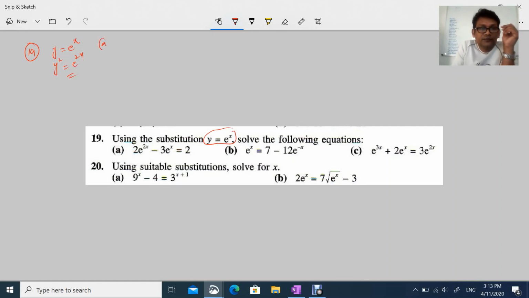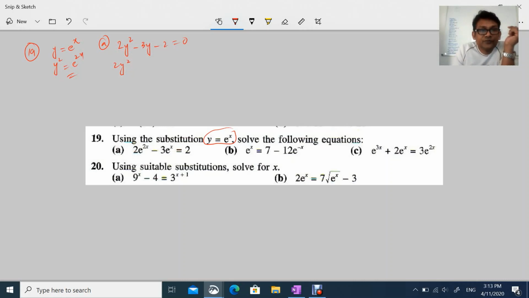So in the a part, 2y squared minus 3y minus 2 equal to 0 is a quadratic equation, making factors. 2 multiplied by 2 is 4. Multiply to get 4 and add to get minus 3. If you want help with how to make the factors, you can see my video I have made in mathematics; I will mention the link above.